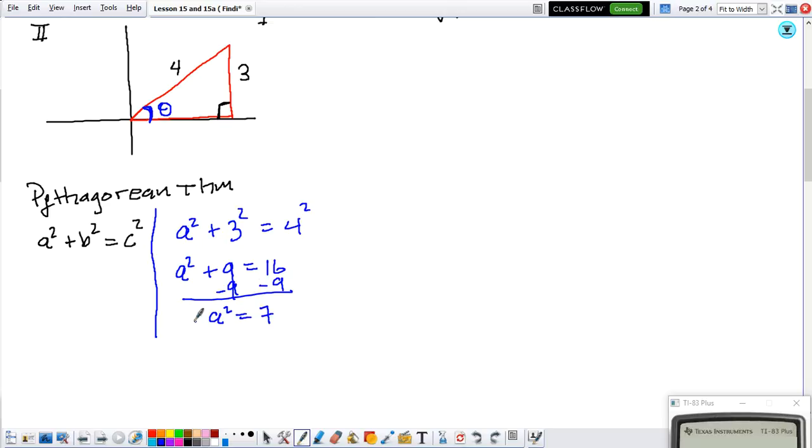Here, we're going to take the square root because we want to find just the adjacent. The square root cancels out, so a is equal to the square root of 7. We know that the adjacent is equal to the square root of 7. Let's place that in our triangle.